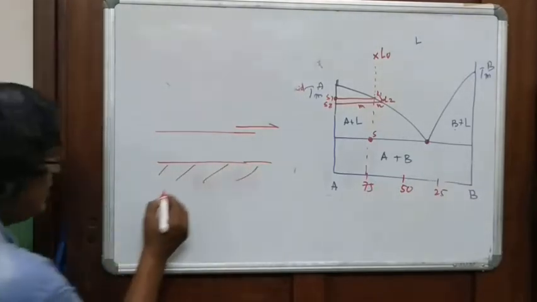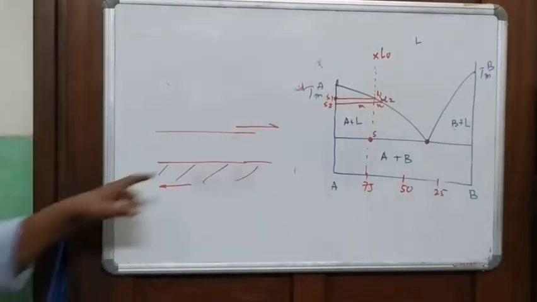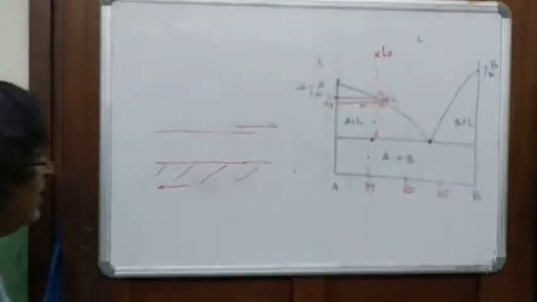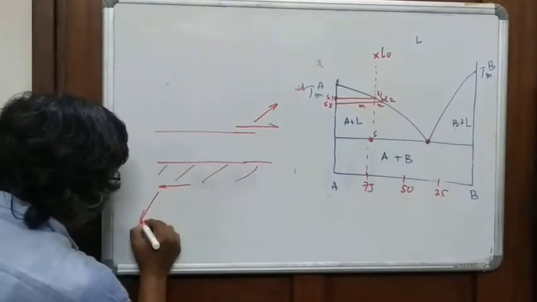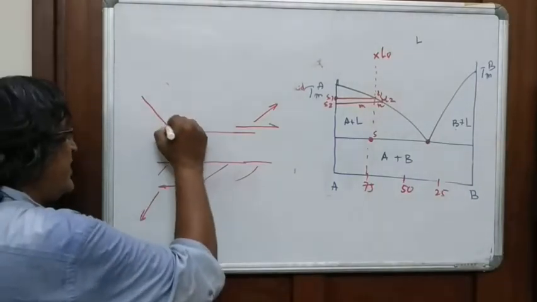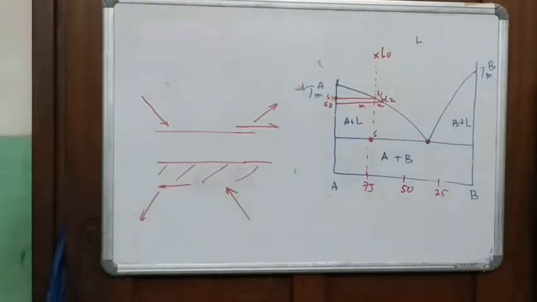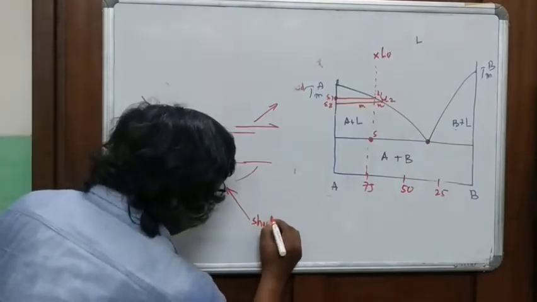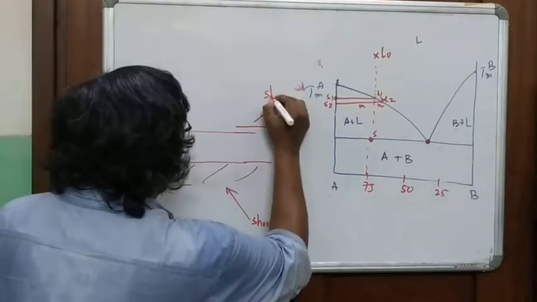No flow means the total vector is in this direction. There is no flow and these are faster flows. If we make things simple, this is the direction of stretching, and 90 degrees to it is the direction of shortening. So this is the direction of shortening, and this is the direction of stretching.